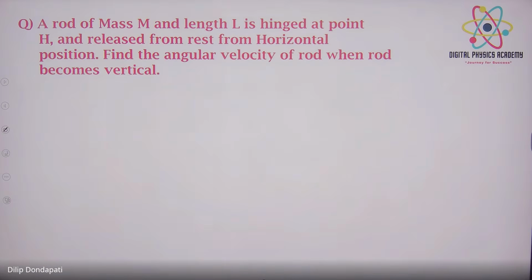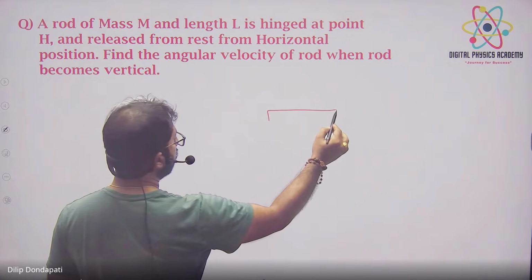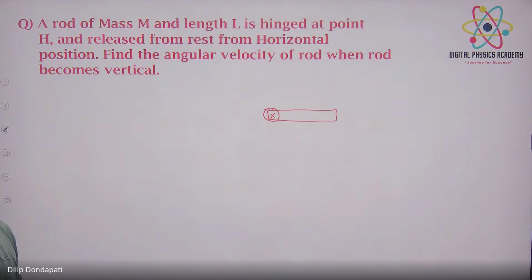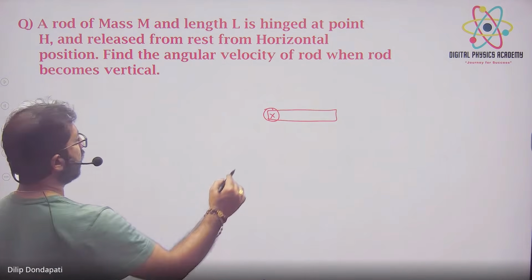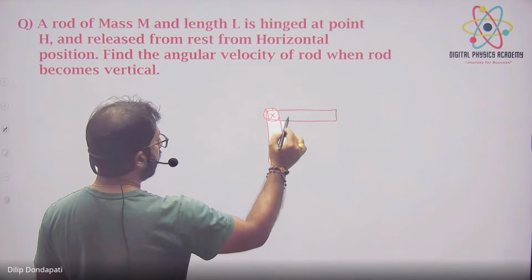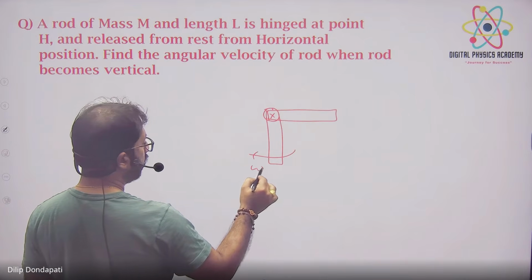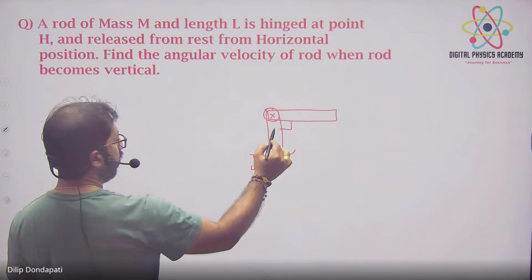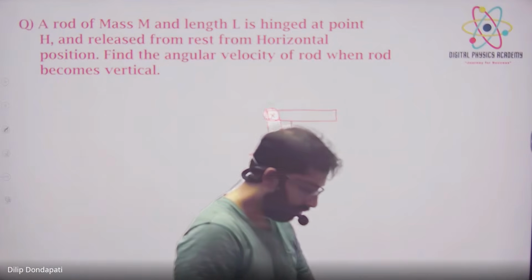Okay, let's do it. A rod of mass m and length l hinged at a point, released from rest from the horizontal position. Sir, initially, conservation of mechanical energy. No, madam, we have to apply it when there is no friction and no work done by an external agent. So it is released from rest. Find the angular velocity of the rod when the rod becomes vertical.